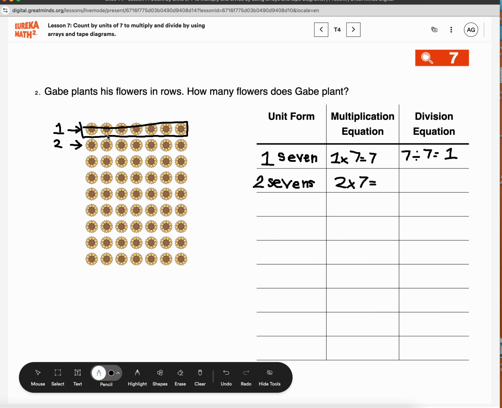I'm going to count 1, 2, 3, 4, 5, 6, 7, 8, 9, 10, 11, 12, 13, 14. 14. Then again, for my division equation, I take my total, which was 14. 14 divided by 7, right? My number in each row, and how many rows do I end up having?